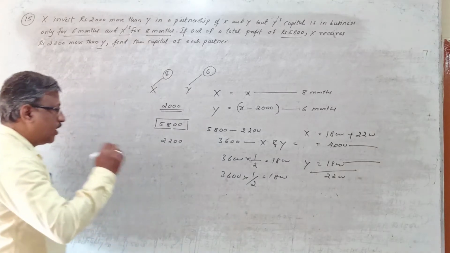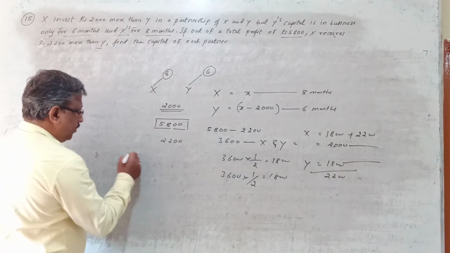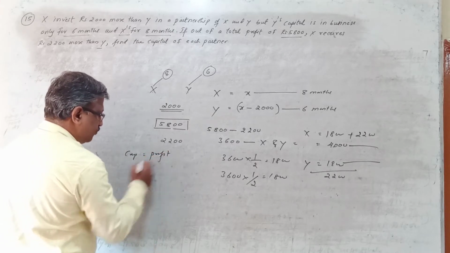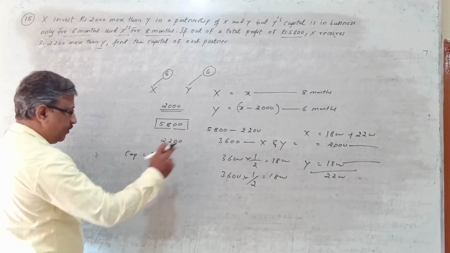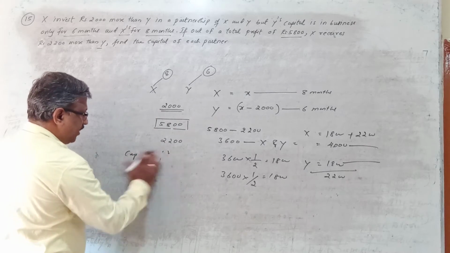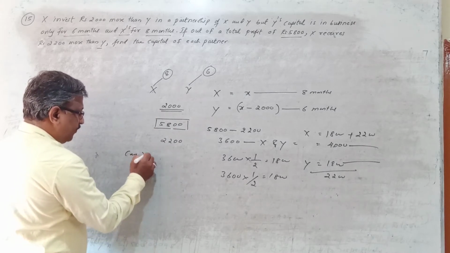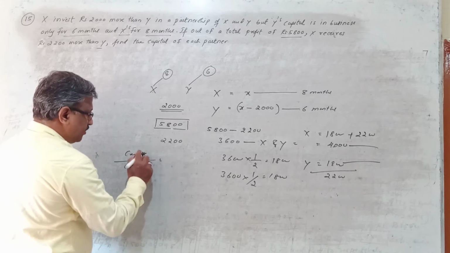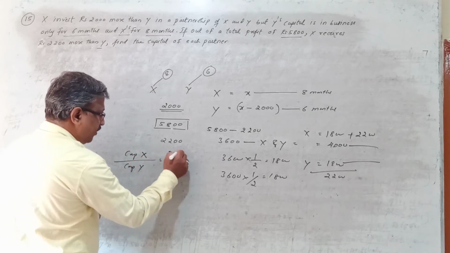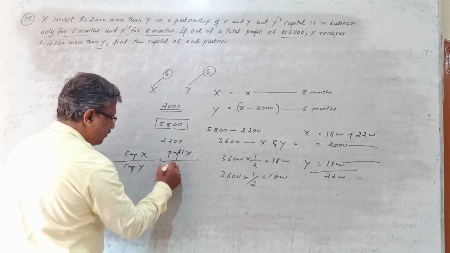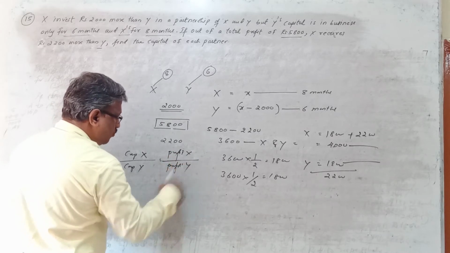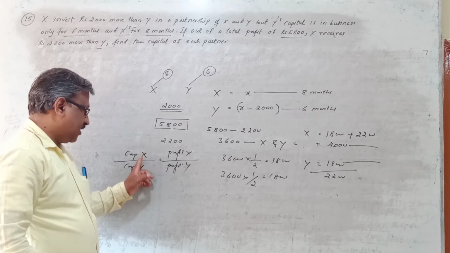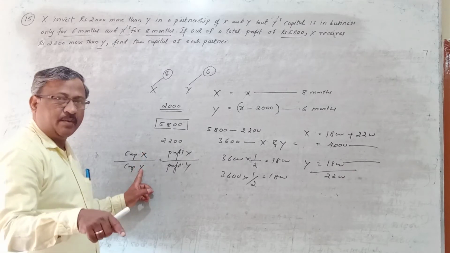So here what I want to show is that capital ratio is equal to profit sharing ratio. If you want to calculate the capital ratio, you have to take the capital of X and divide by the capital of Y. That must be equal to the profit sharing ratio, that is profit of X divided by profit of Y. Because if you divide X's capital by Y's capital, we get the capital ratio.